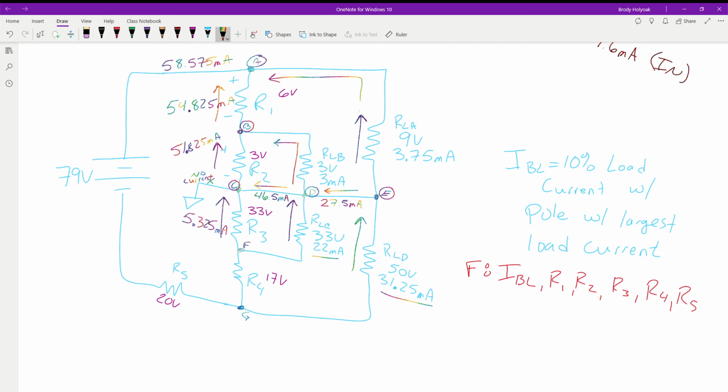That's our total current. Correct. So, wait, how do we get 50? Is there something that's exiting? This is the only one that's exiting. We have 54.825 going in, and we have the 3.75 that's going in. Oh, I thought that was 6. Oh, okay, I was looking at the wrong thing. 3 something, okay.